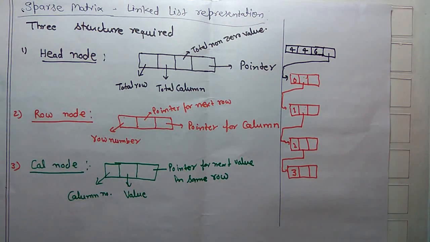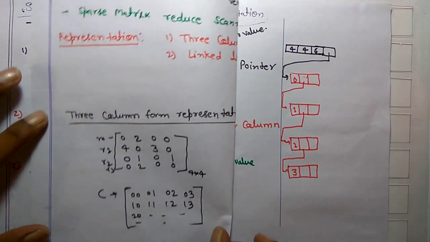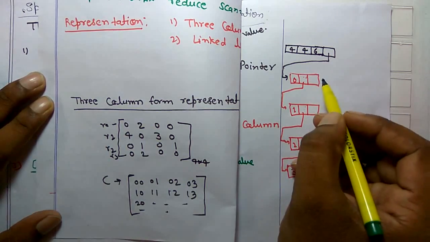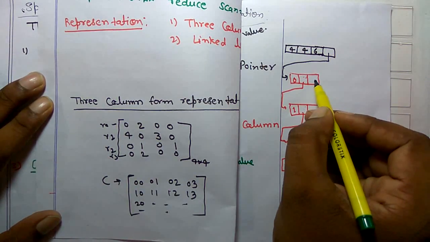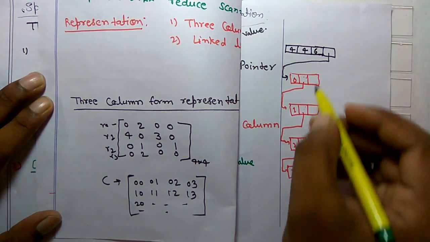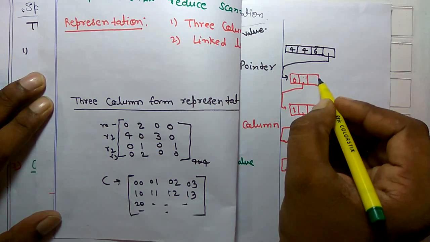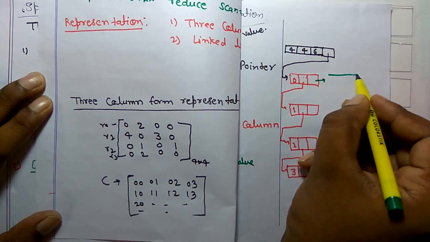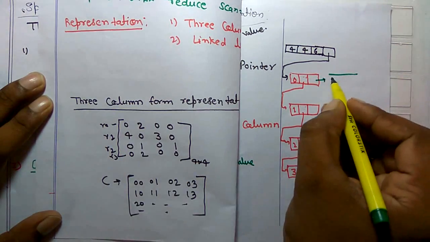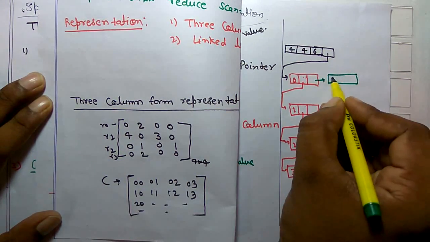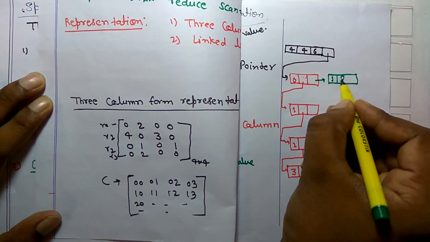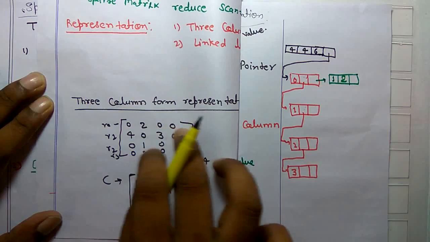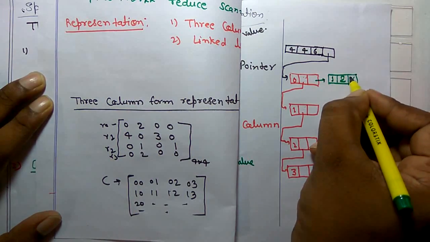Now in each row there would be a column movement. For column movement, this is the row node, and this pointer goes to the column where the value is, in the first column. So in column 1 the value is 2. And is there any other value in the same row? No. So its last pointer is null.